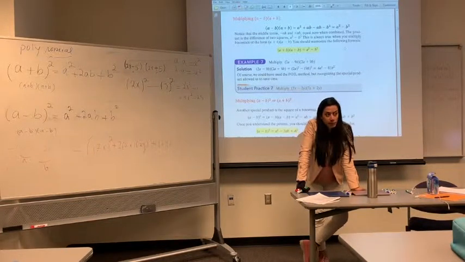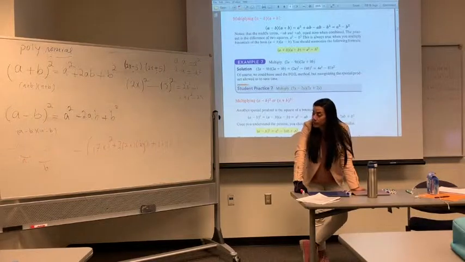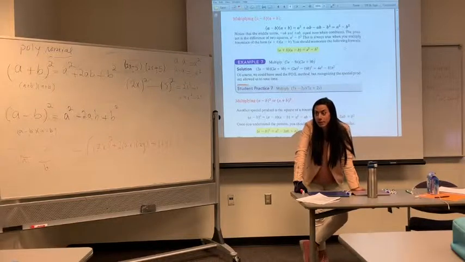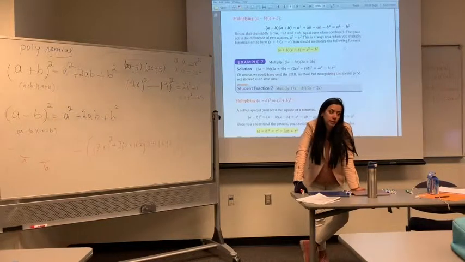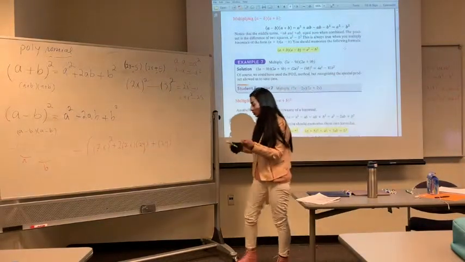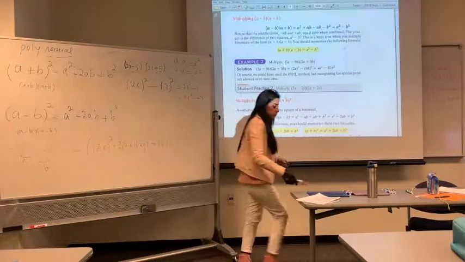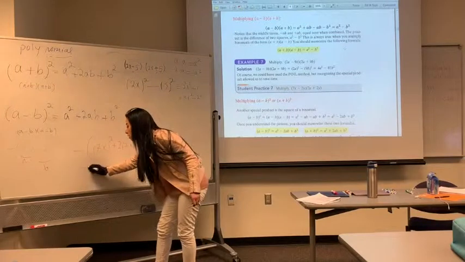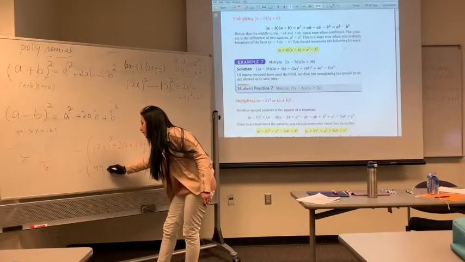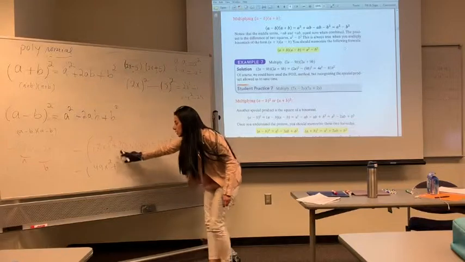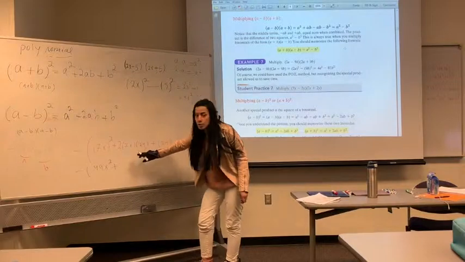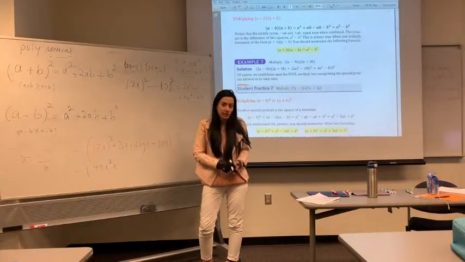So now we should calculate everything inside this parenthesis, and then we have a negative sign outside the parenthesis, which should be distributed to each of these terms. Okay, so let's continue. What is (7x) squared? You already know: 49x squared. Plus 2 times 7 multiplied by 2.